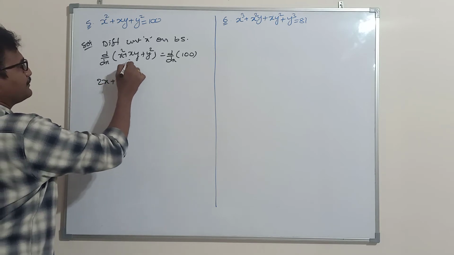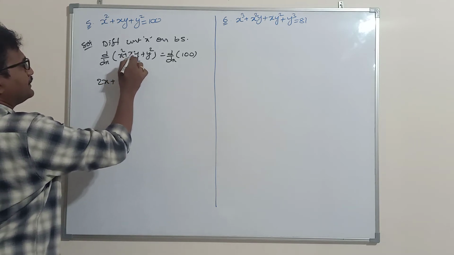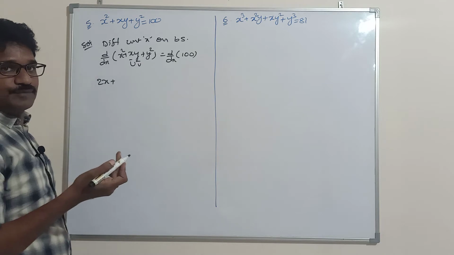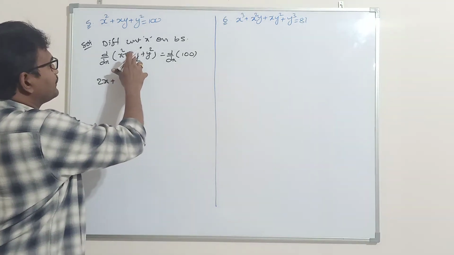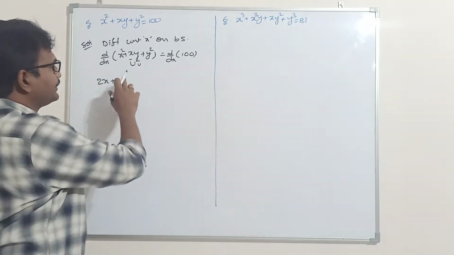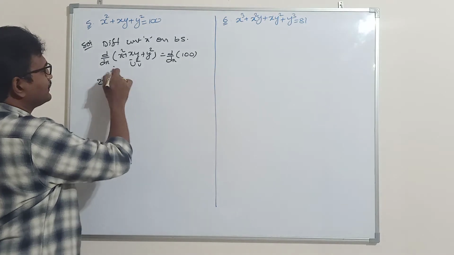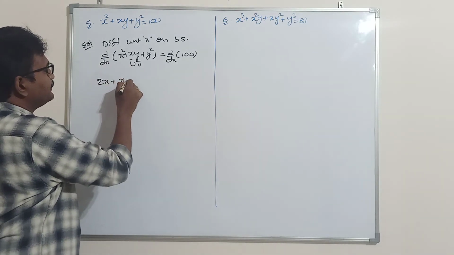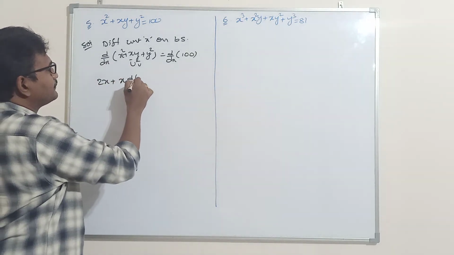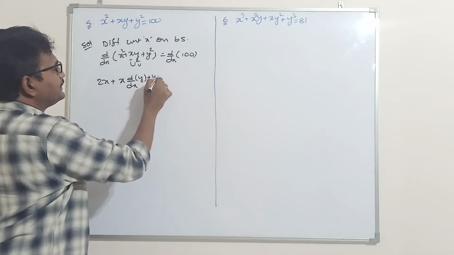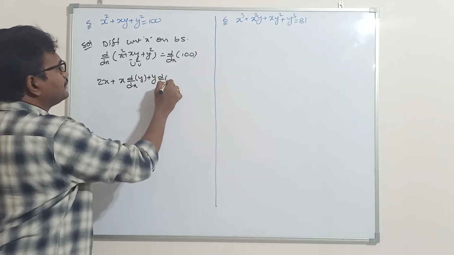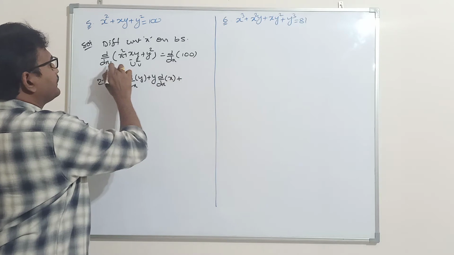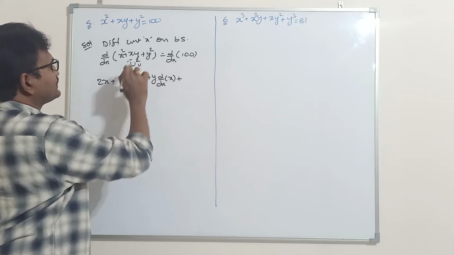Derivative of xy, apply the uv rule. In xy, two different variables are there. Between two variables, multiplication is there. So that's why you need to apply the uv rule. So what is the formula for derivative of uv? u into derivative of v plus v into derivative of u, plus derivative of x² is 2x, but this is not x².